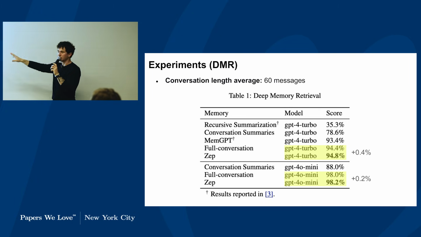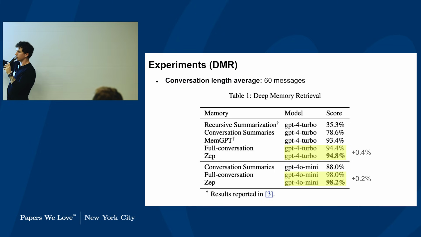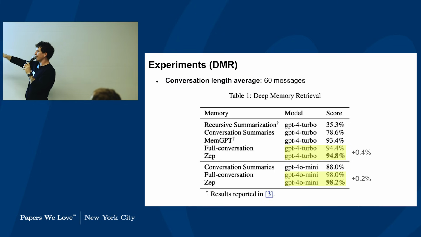And so this is really, really interesting. At first glance, you're like, well, why do I need ZEP if I can just put the entire conversation into the context window? And we'll talk more about why you need ZEP, even though this is the case, but still very interesting that you can get the same results as ZEP by just putting everything into the context window. And we're going to talk about why there's more to this here in a second.